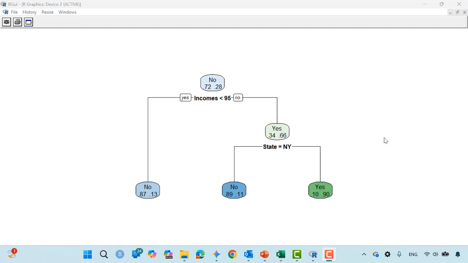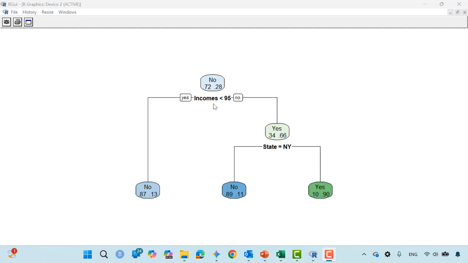The next question is how a decision tree classifies a customer into different nodes. It uses decision questions. As you can see here, my tree uses two questions: whether a customer makes less than 95K a year and whether he's from the state of New York.